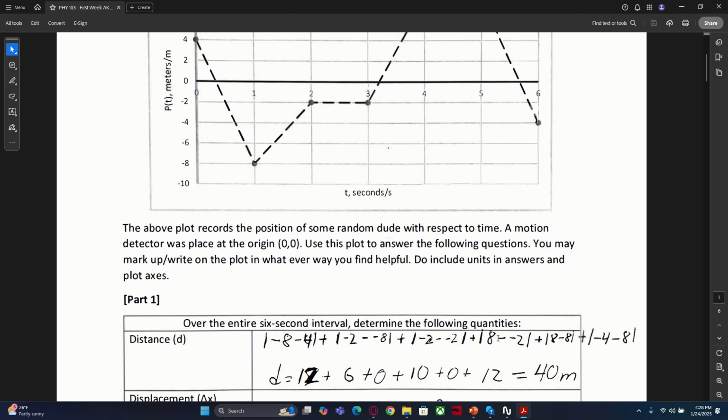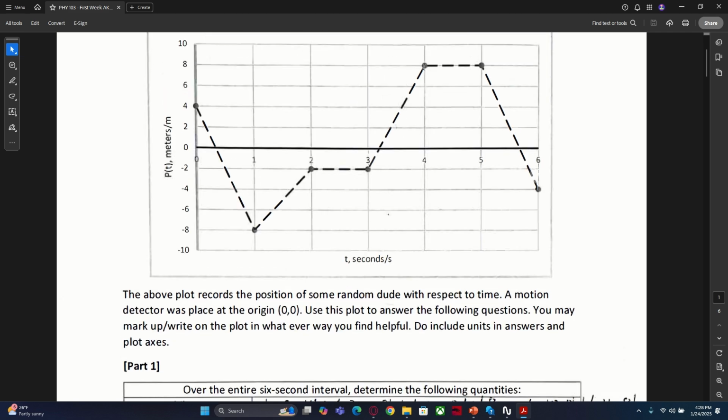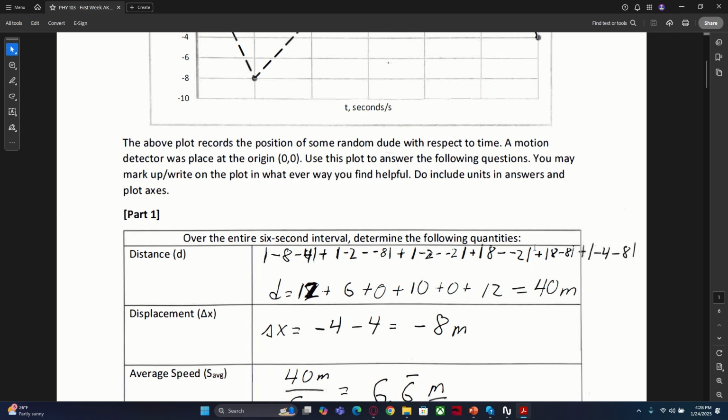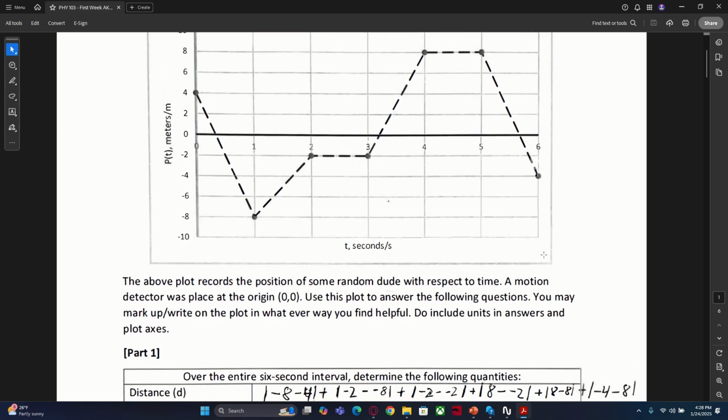Adding the next line segment, this is going to be from 8 minus -2. So |8 minus -2|, and then plus the last two. Well, this line segment ends at 8 and it also starts at 8, so 8 minus 8.